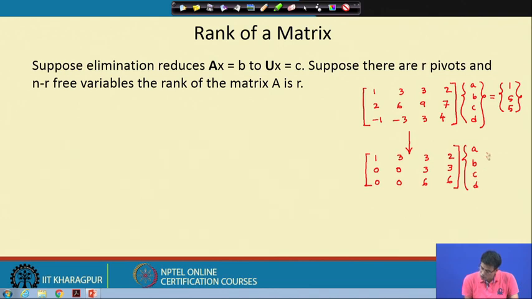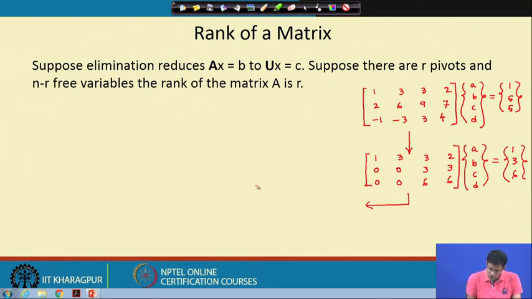Similarly I have to do it for the right hand side. So now this becomes 1, and then 5 minus 2, that is 3, and then 5 plus 1, that is 6. Now again I can subtract from here.